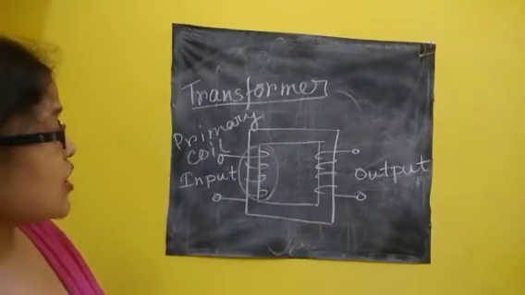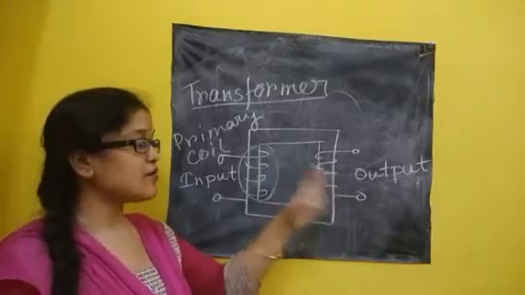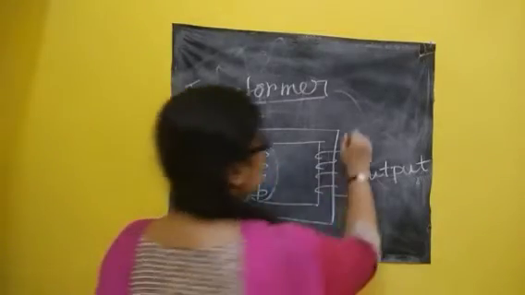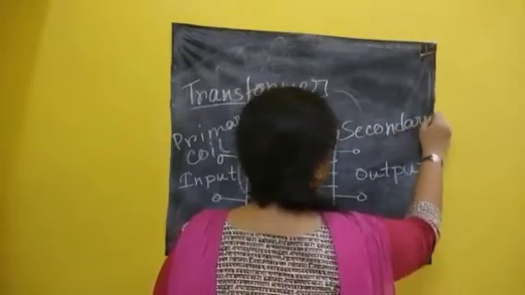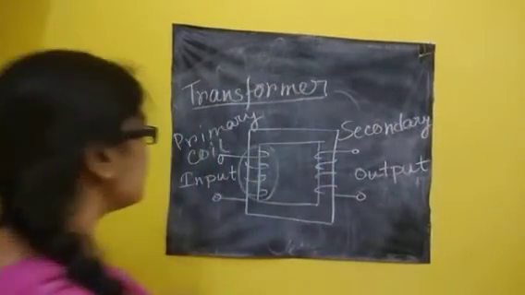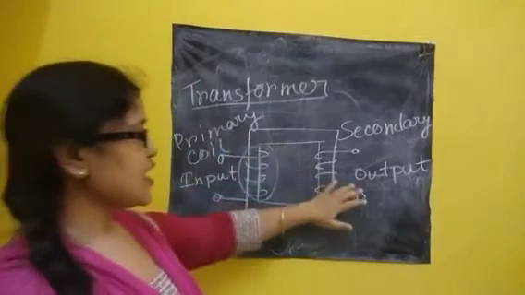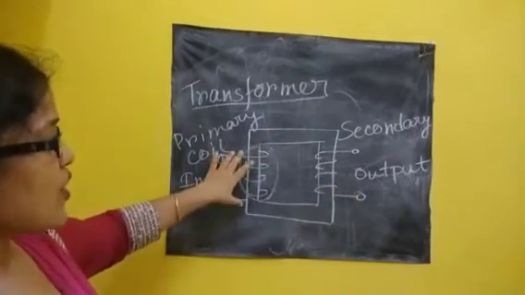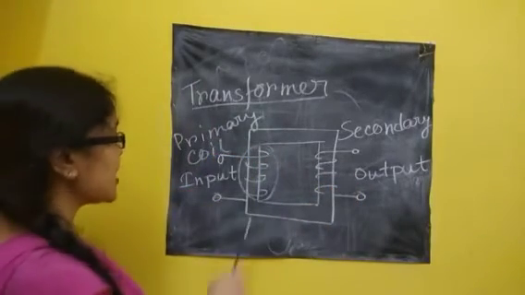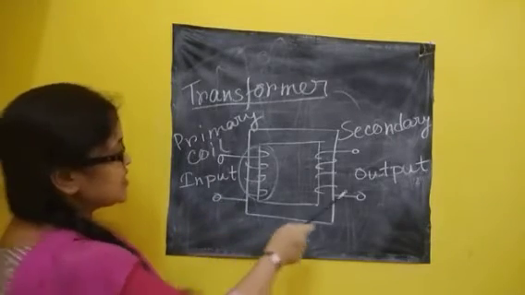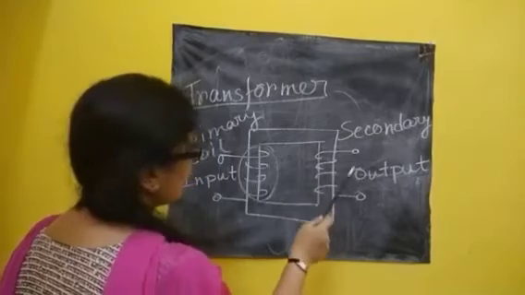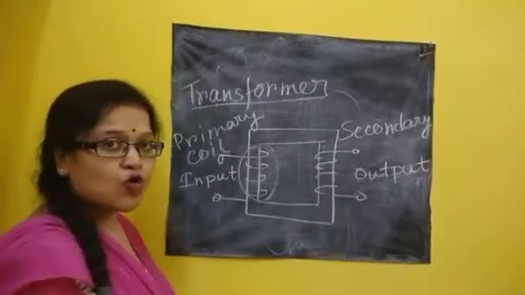The output terminal, from where we get our output, is called the secondary coil. So in a transformer we have a primary coil and a secondary coil.